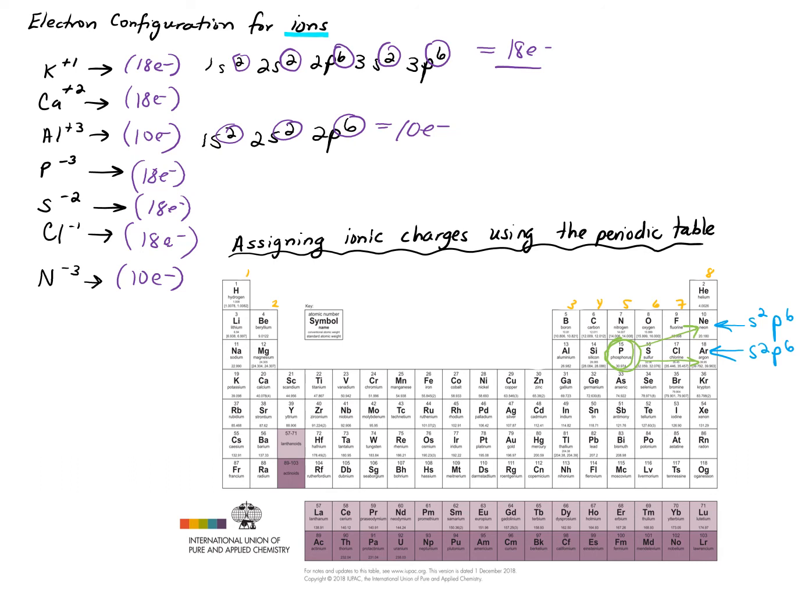So phosphorus is a non-metal. Since they're close to the noble gases, close to group A, because your non-metals are on the right side of the periodic table, it will be easier for the non-metals to gain electrons than to give electrons away. It's easier for phosphorus to gain 3 electrons and get all the way to 18 than to lose 5 electrons to go all the way to 10.